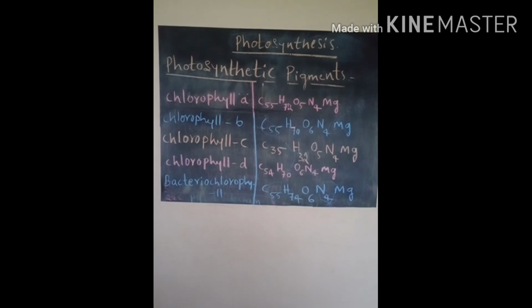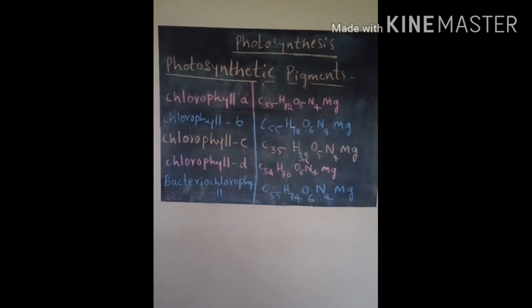Usually chlorophyll A is a necessary pigment and the remaining chlorophylls are called accessory pigments. Chlorophyll A and B, these two pigments play a very important role in the photosynthesis process. Usually the chlorophyll A molecule appears bluish green in color, but the chlorophyll B molecule appears olive green in color.